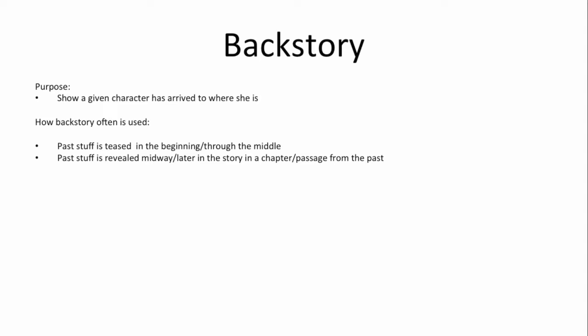So the stuff that might be teased from the past may be, I don't know, an allusion to this traumatic thing that happened and people kind of talk around it, or maybe the character has flashbacks or dreams or nightmares, and you just get segments of it, and you're like, what is this thing that happened? That's what you're supposed to ask. And then after you've asked enough, there may be a chapter or a passage later on in the story that tells you what happened, that kind of thing.